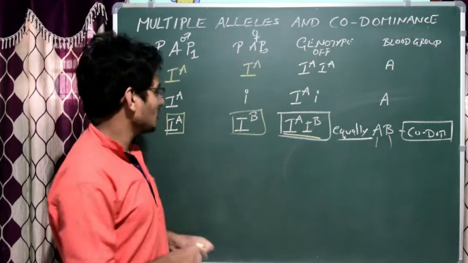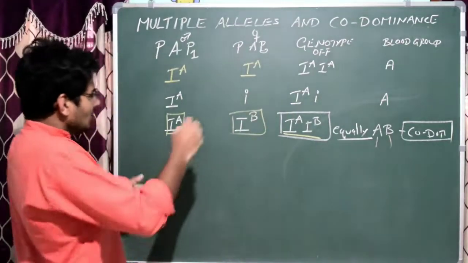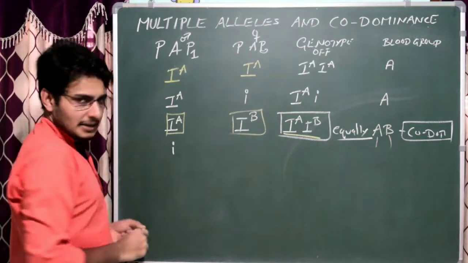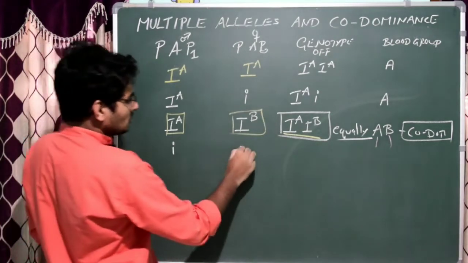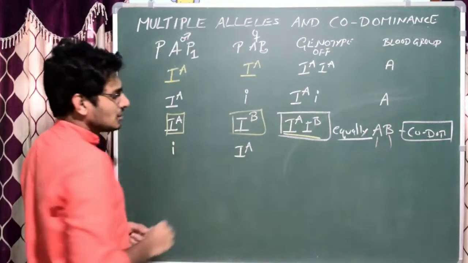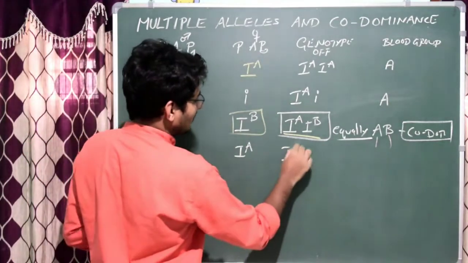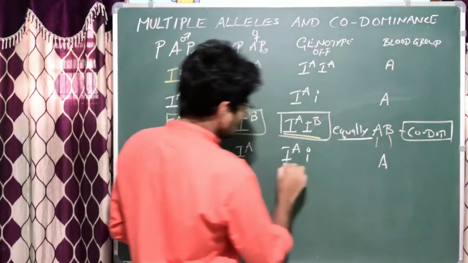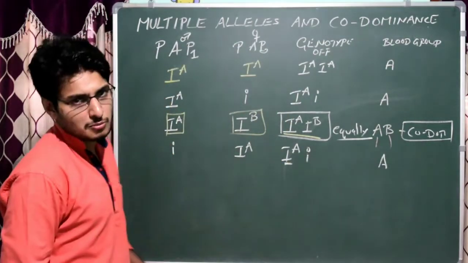So, simple codominance. Now suppose the father gives small i, which is recessive, and the mother produces IA. Then the genotype will be IA small i, and the blood group is A itself, because IA is dominating and will suppress small i.